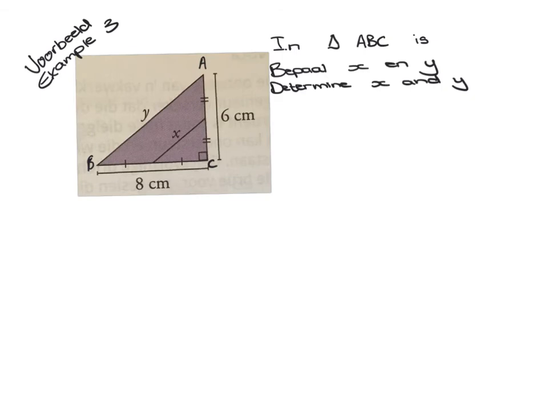But we know from the sketch that these two sides are equal. The sketch tells us very clearly that this is a right-angled triangle. Now, if they are, then you know you can use Pythagoras somewhere here.